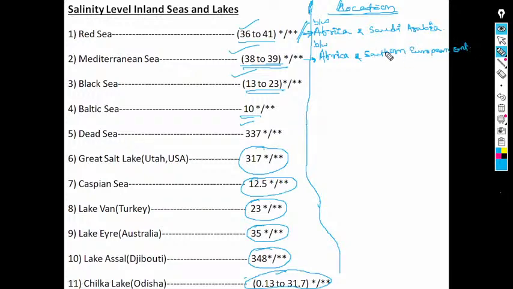Southern European countries particularly. This is bordering the Mediterranean Sea: Spain, France, Italy mainly.